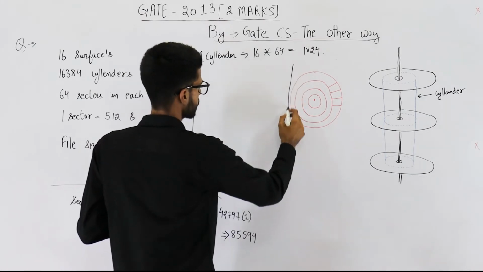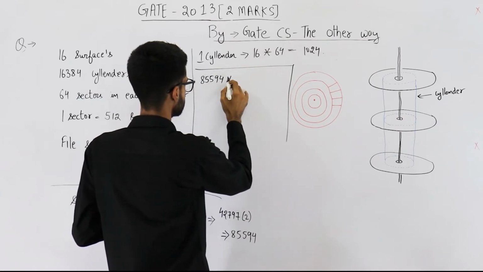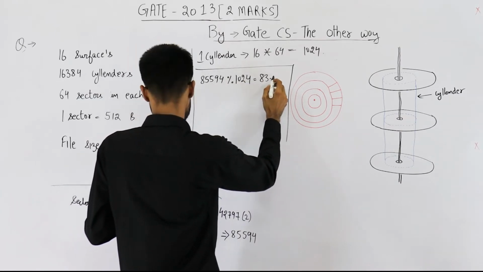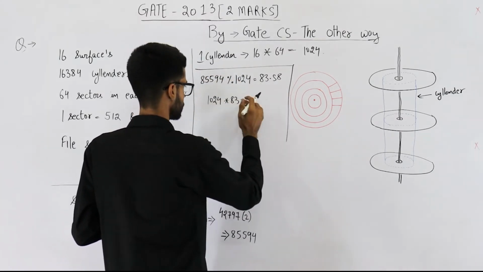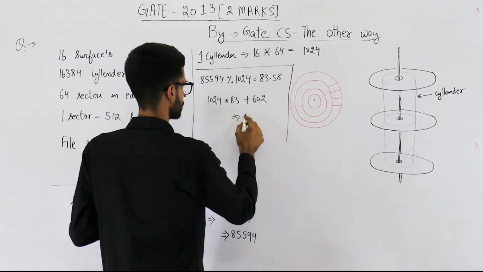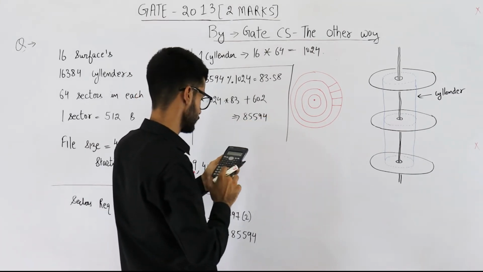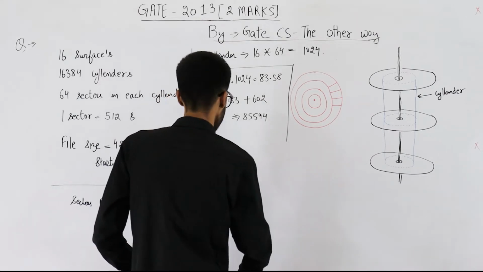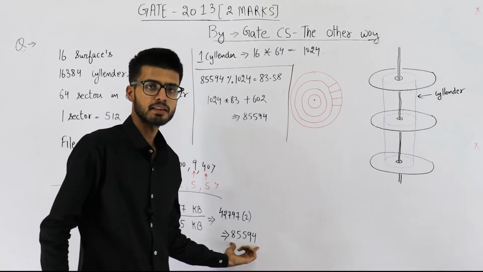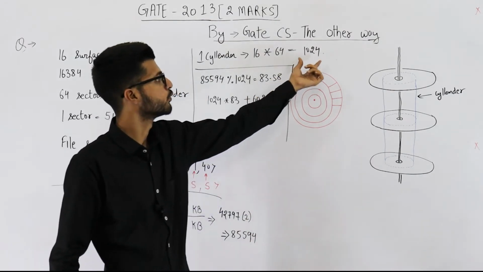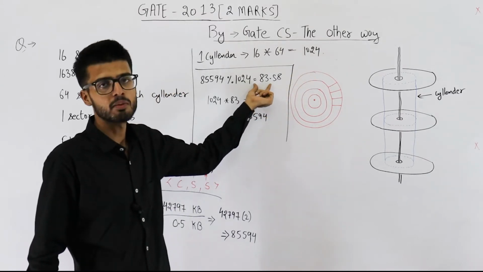So you can see, if you start dividing these many sectors into groups of 1024 sectors each, that means one cylinder, you will get 83 complete groups.